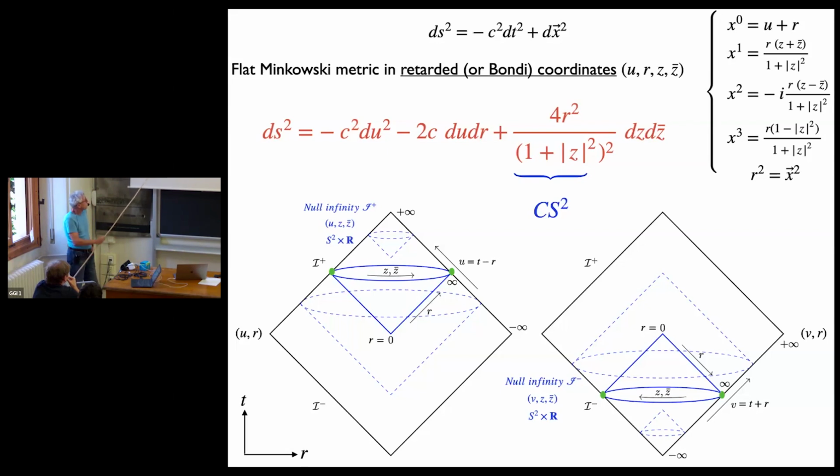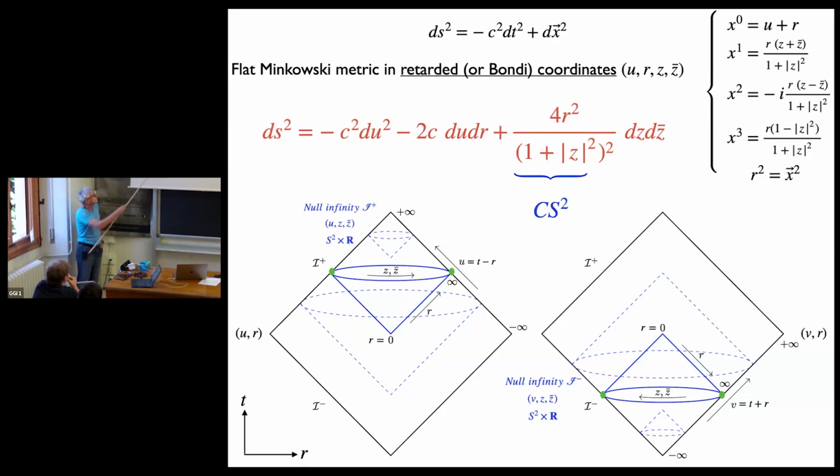And the way you describe this is you move from the Minkowski metric by a change of coordinates to the Bondi coordinates, to the so-called Bondi metric, and there's, as you know from electrodynamics, a retarded and advanced time. So here we have the retarded Bondi coordinates, which lead to this picture here.